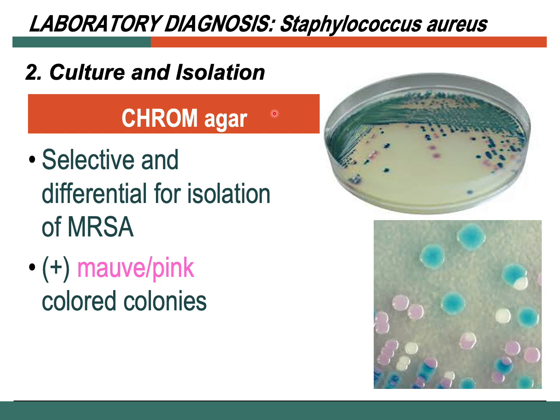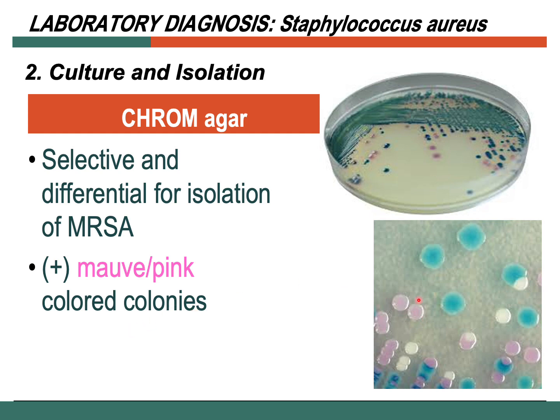The addition of chromogenic substrates will yield color to the organism. So if the organism is MRSA, the colony growth is mauve or pink in color. If you see mauve or pink, then that's probably MRSA.